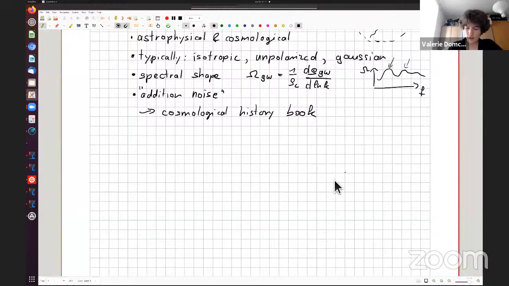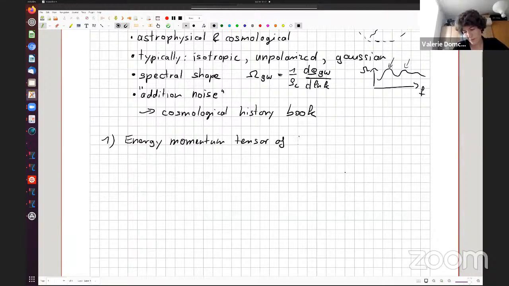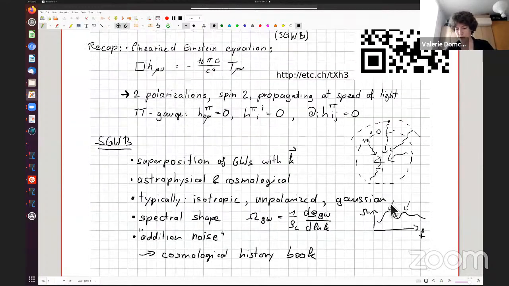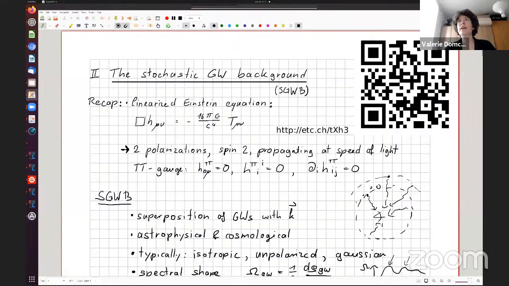So now we see that the decisive object here that we're actually talking about is this energy density. So let's think a bit more about what is actually the energy density stored in gravitational waves. And for this, I invite you to go to this polling link again.